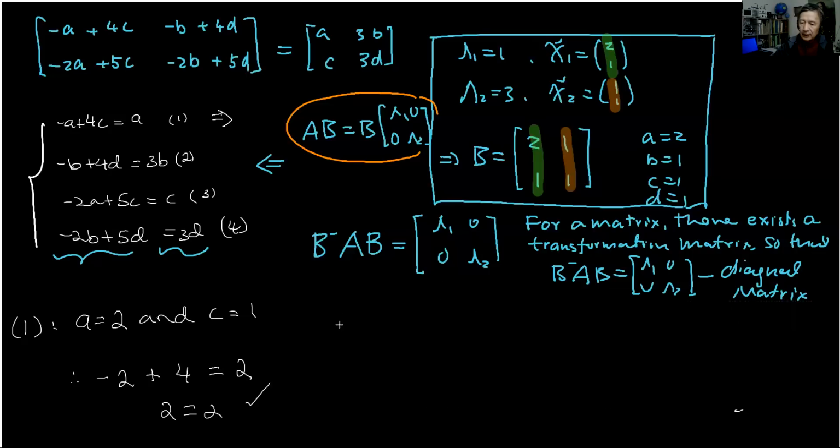This idea is always important. That is the first idea. The second idea is about the transformation matrix.